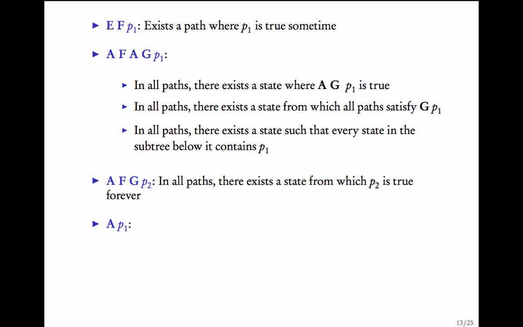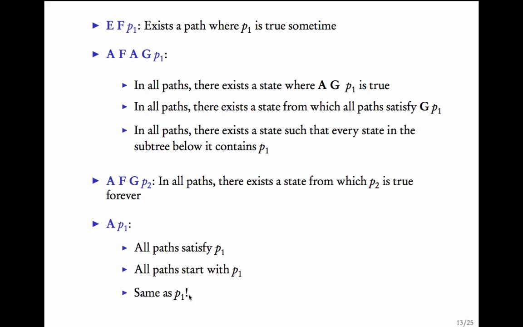What about A P1? All paths satisfy P1. That means all paths start with a state labeled with P1. This is true as the state formula P1 itself because it just needs the root to satisfy P1.